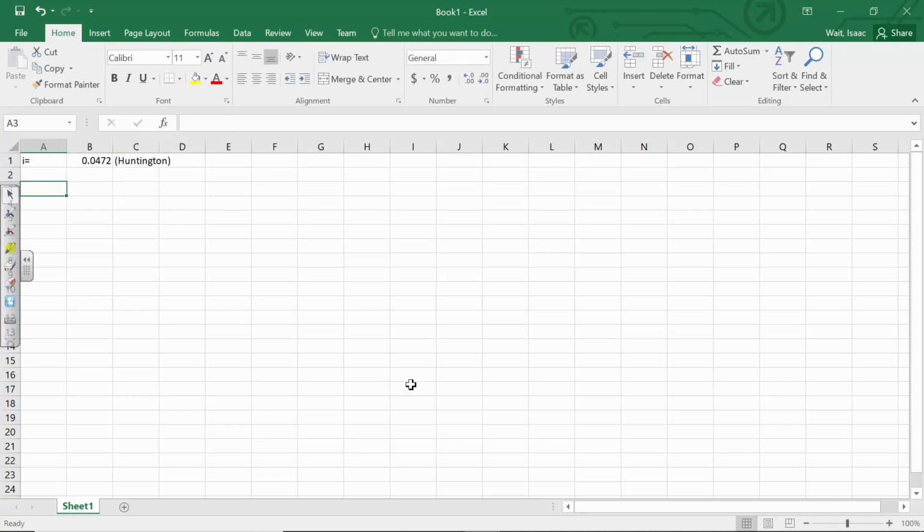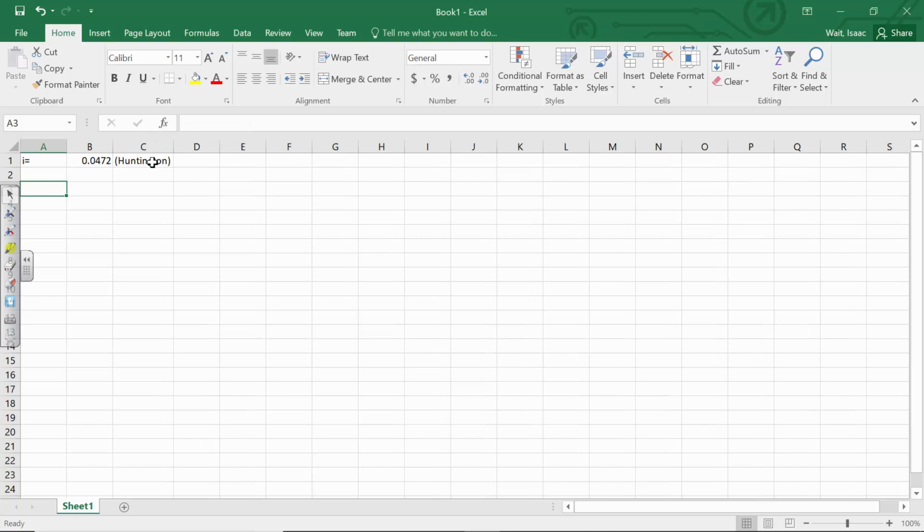All right, and this is the annual interest rate. This is the annual effective interest rate. So for the Huntington, I'm going to label this annual. So the monthly interest rate is just going to be that divided by 12. Now I have the interest rate per month.